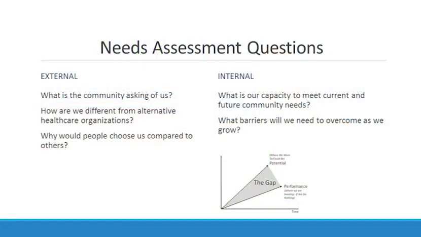Once you have explored the external needs, you can turn your attention to internal needs, beginning with the question, what is our capacity to meet current and future community needs? You can also anticipate changes by asking, what barriers will we need to overcome as we grow?